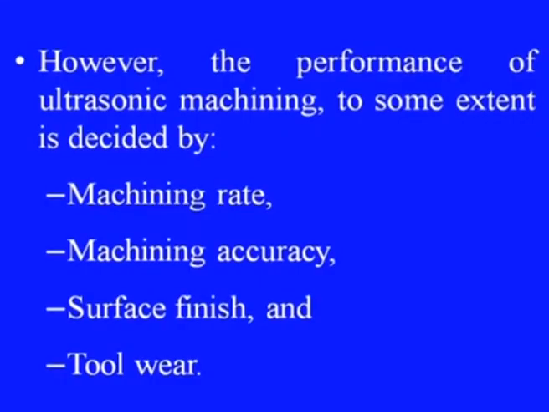The geometry and material properties of the workpiece and the tool make the system further complex to ascertain its performance characteristics. However, the performance of ultrasonic machining to some extent is decided by the machining rate, the machining accuracy, surface finish, and tool wear.